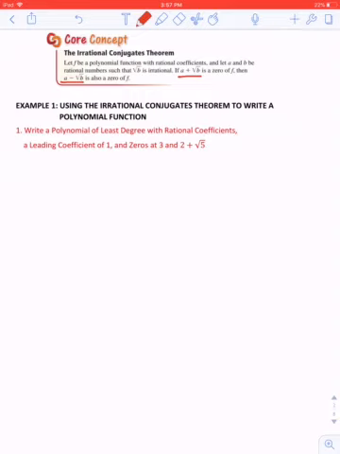All right, so if you are asked to write a polynomial of least degree with rational coefficients and a leading coefficient of 1, and that function has zeros at 3 and at 2 plus root 5. Leading coefficient of 1 means that when written in standard form, that leading coefficient should be 1.